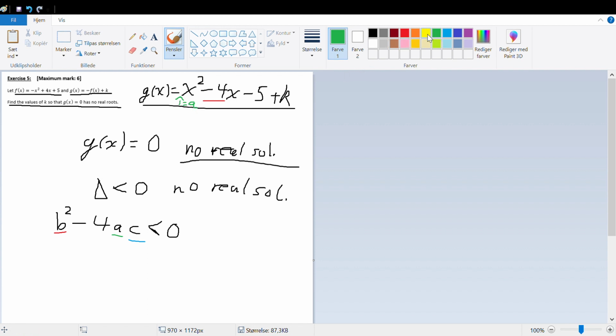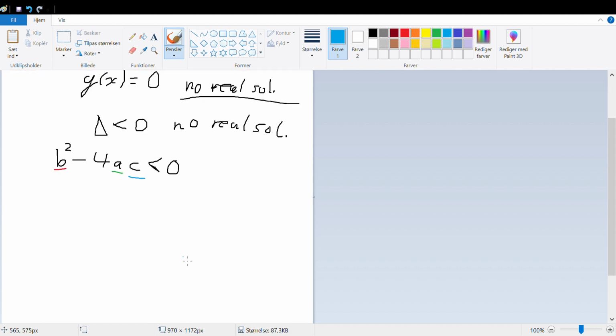All right. Now, finally, there's c. And c is basically everything else. In this case, it's not just the minus 5, but it's actually also the k. It's minus 5 plus k. This whole thing here is the c. It is a constant number that's added on.